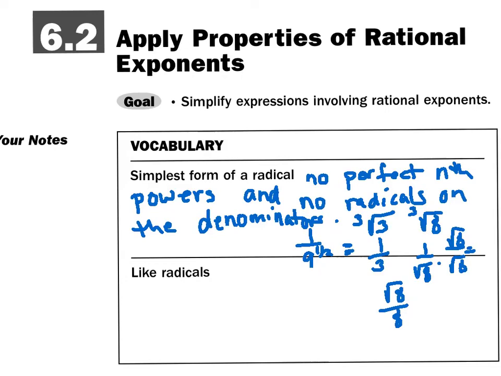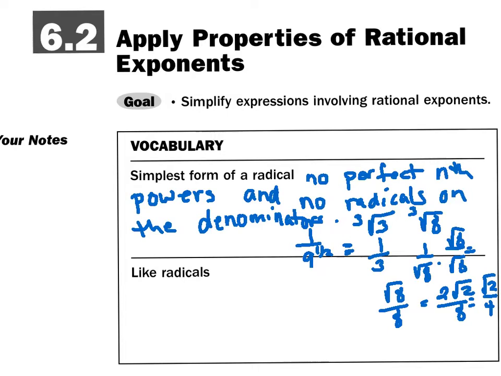And then we'd pull out a perfect square from the square root of 8 to say that is 4 times 2, so 2 times square root 2 over 8. Then I would reduce that 2/8 to be 1/4. So my final answer would be square root 2 over 4. And we learned how to do that before, so that should be familiar still.